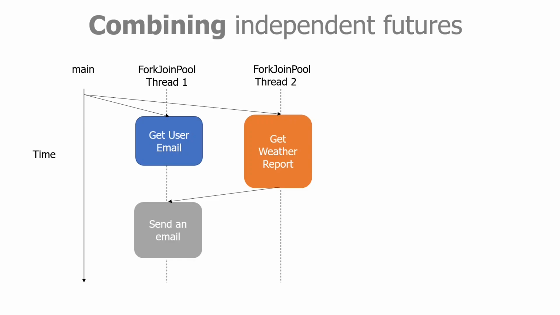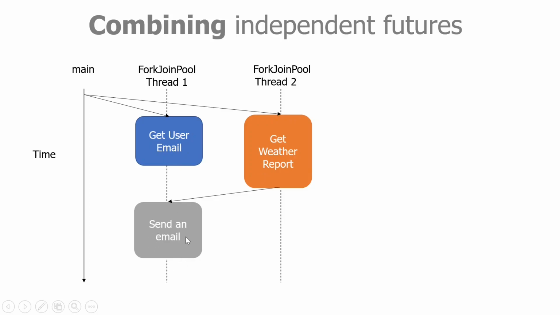And once you have both of this information, you want to send a weather report to this user email that we have received. Now both these calls are independent of each other. The weather report service does not require the user email, so we can run those two in parallel, and then once we have the output of these two available, we need to do one action.